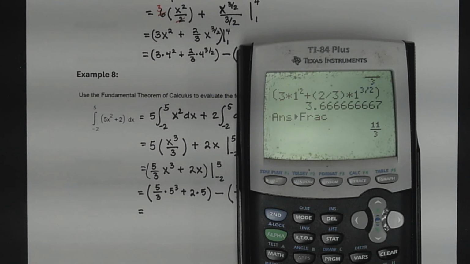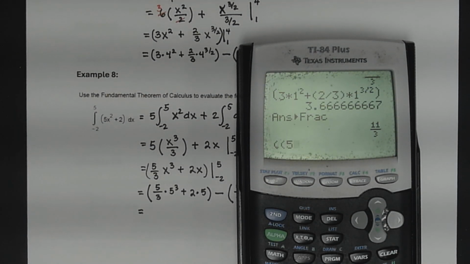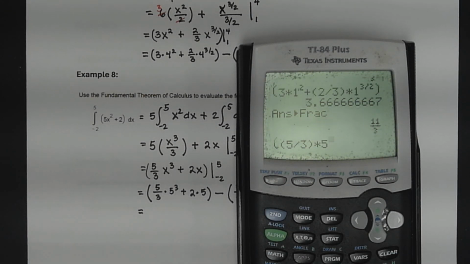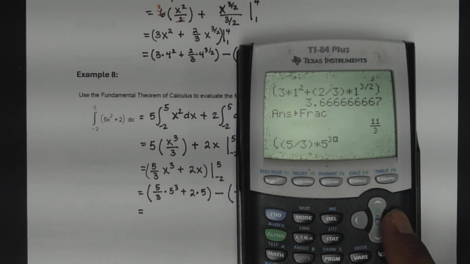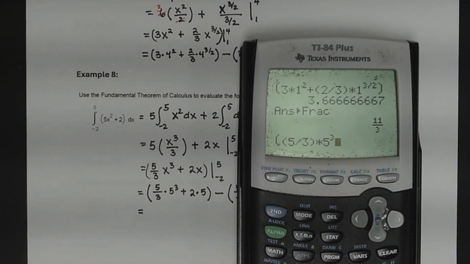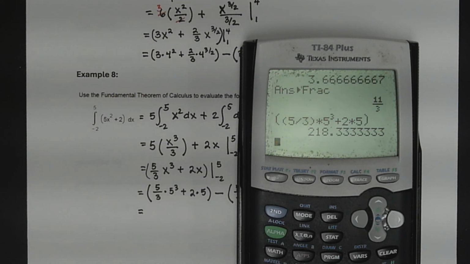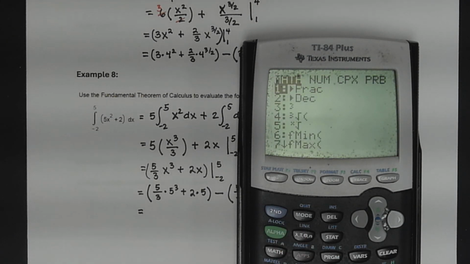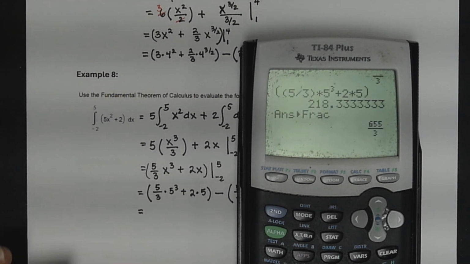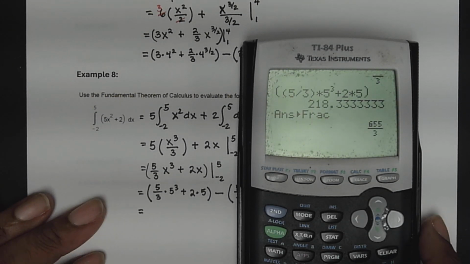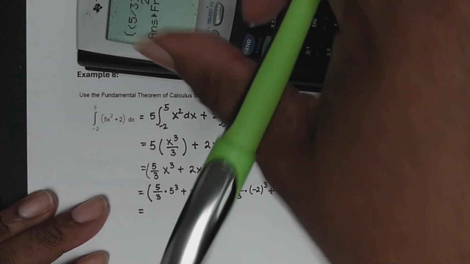Left parentheses, and then 5/3 in parentheses, that's 5 divided by 3 times 5, the hat key and then cube it, use your right arrow to get out of it, plus 2 times 5, close parentheses. And I'm going to write this as an improper fraction by pressing the math key and selecting number 1 for fraction. This will be 655 over 3 for the upper limit.